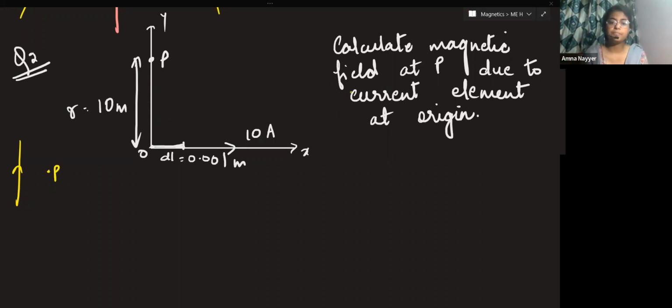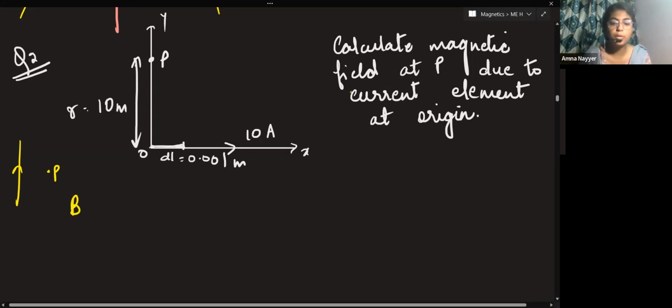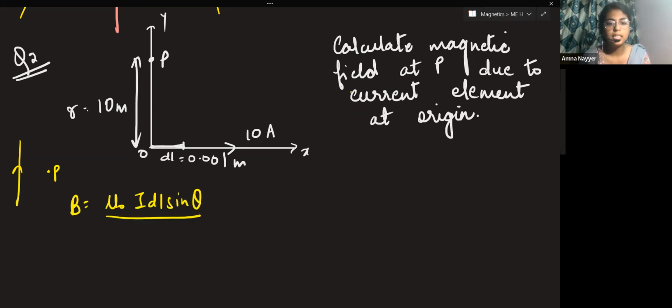Now, class, the formula of Biot-Savart's law is what? Mu naught I dl sine theta divided by 4 pi r square. Mu naught by 4 pi, or you can write mu naught as 4 pi into 10 to the power minus 7, so mu naught by 4 pi is 10 to the power minus 7.